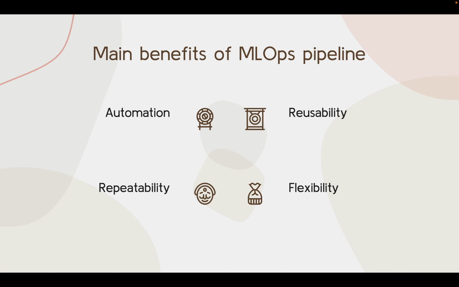The next benefit is reusability. A pipeline contains a number of machine learning modules. In some sense, we can say that the steps in a pipeline are separated from the pipeline itself, so that the machine learning modules in one pipeline can be used in other pipelines. One single step in a pipeline can be used elsewhere repeatedly. And the next benefit is repeatability.